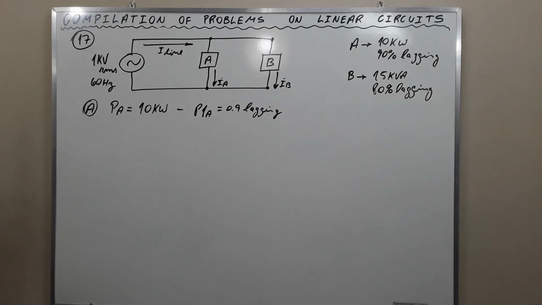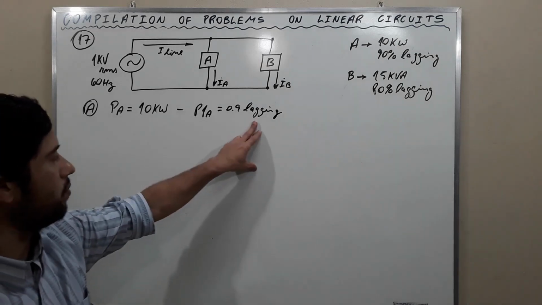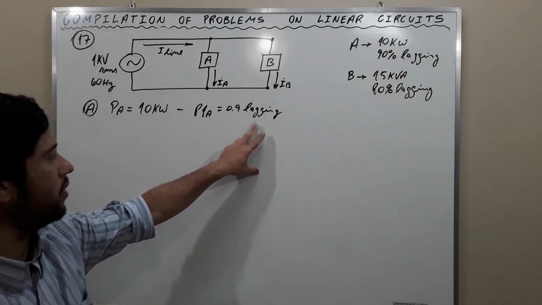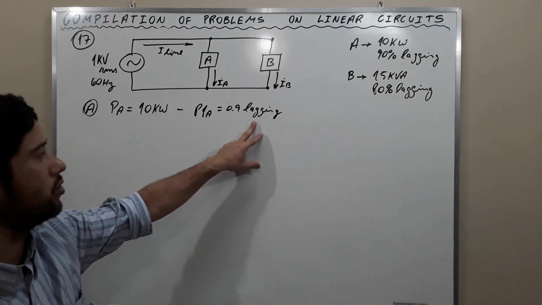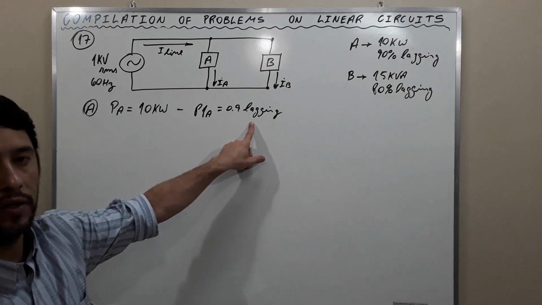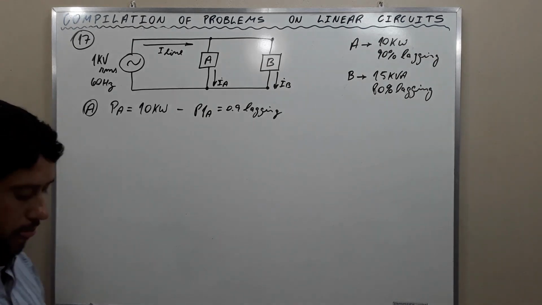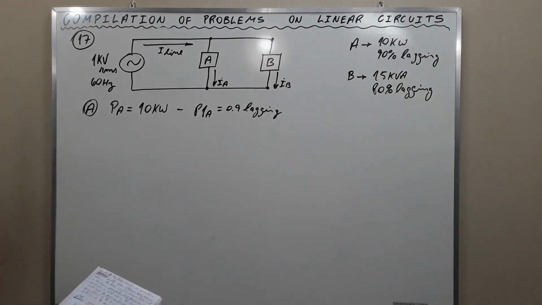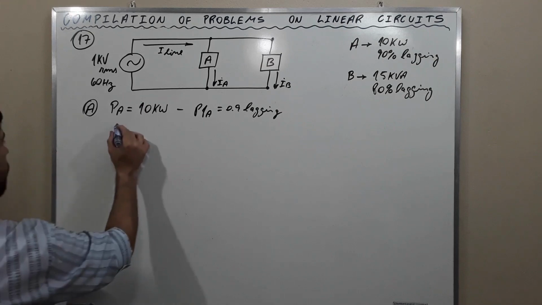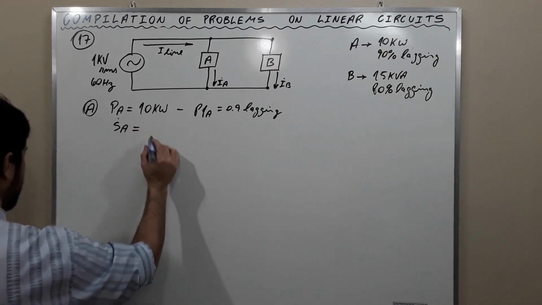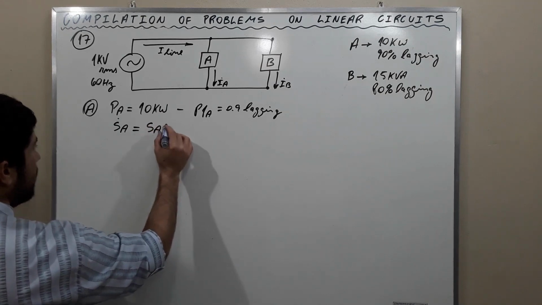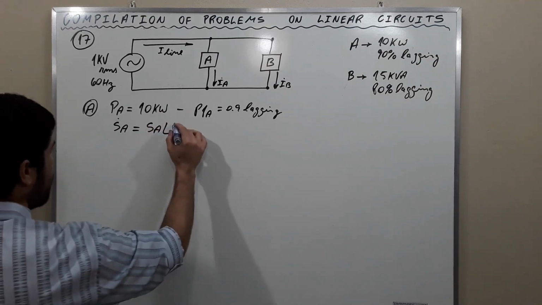Okay, what does it mean? It means that this is an inductive load. For inductive loads, the current lags the voltage. We are going to calculate the complex power, which is equal to the apparent power at an angle.